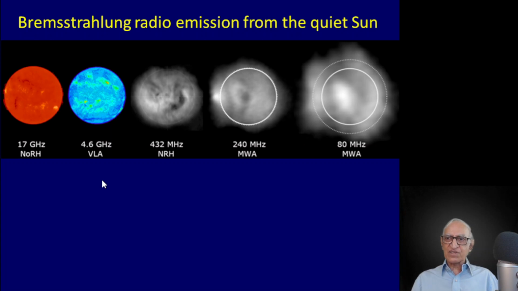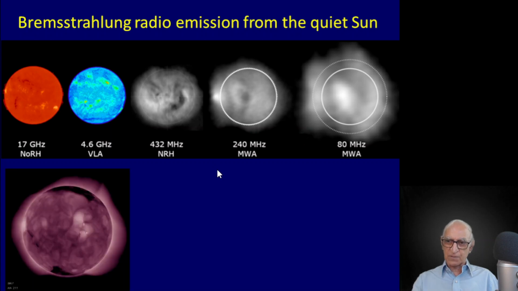Now, in an astronomical context, what you're looking at is the sun at various frequencies, ranging from 80 megahertz to 17 gigahertz. This radiation is produced because on the sun, everything is ionized. Of course, the interior of the sun is opaque, but in the outer regions of the sun, the electrons collide with ions, producing Bremsstrahlung radiation, and that is the origin of this radio radiation that you see.